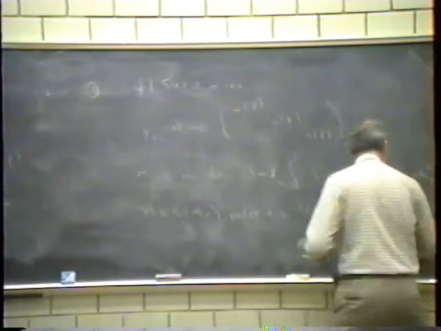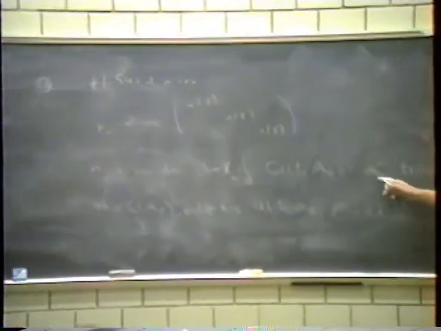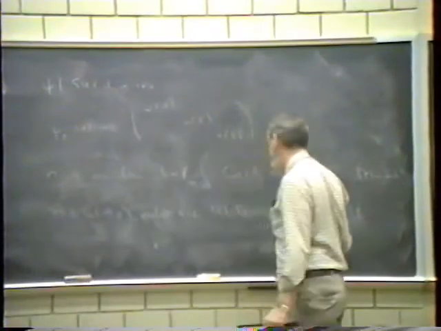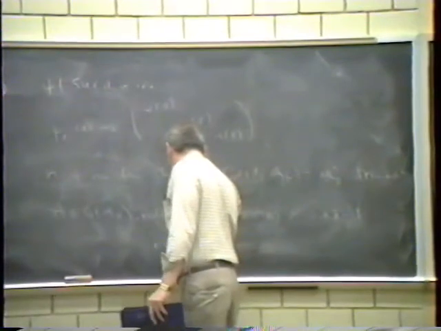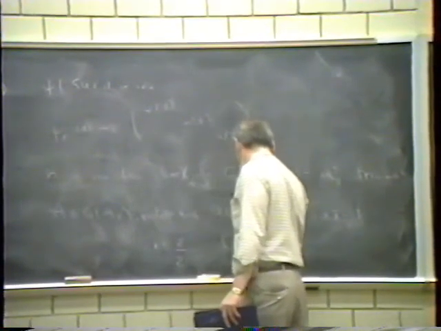That means X bar is equal to 1. X is not in AE. But then, by Hilbert's theorem 90, X is equal to the quotient of Z by Z bar. This is theorem 90.